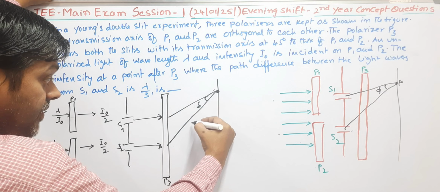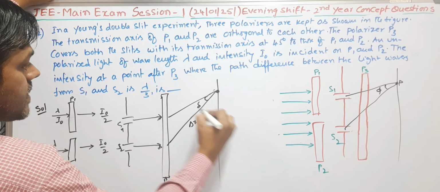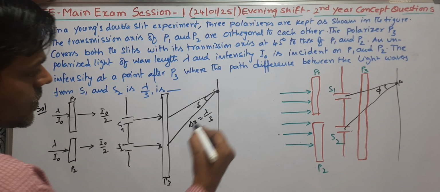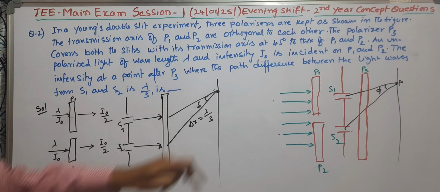But the path difference is given: both arrive with path difference lambda by 3. So the resultant intensity at this point is what is asked.